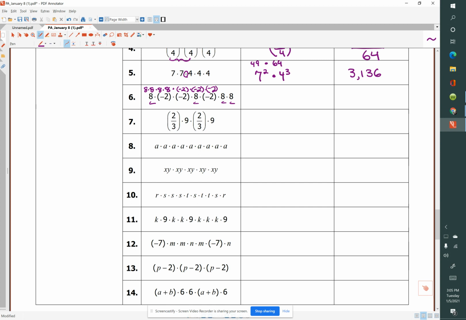And that would be 8 to the fourth times -2 to the third power. Please make sure with these negatives that you use parentheses. And then 8 to the fourth power on its own is 4,096.